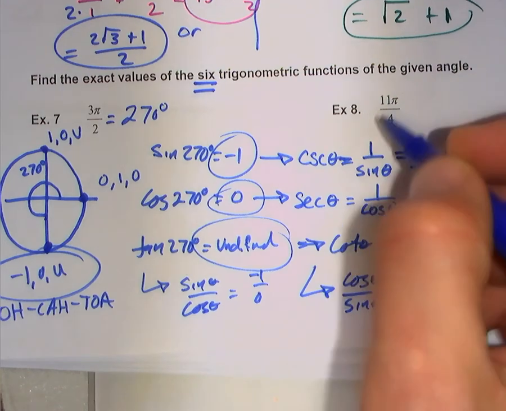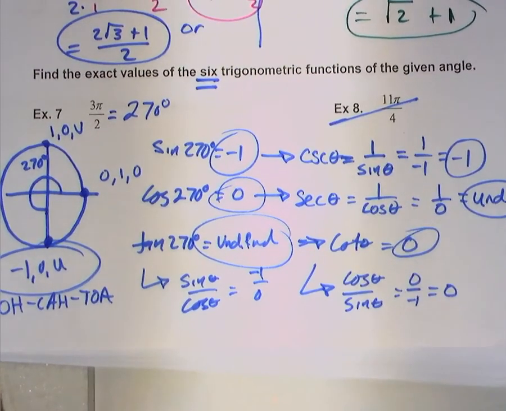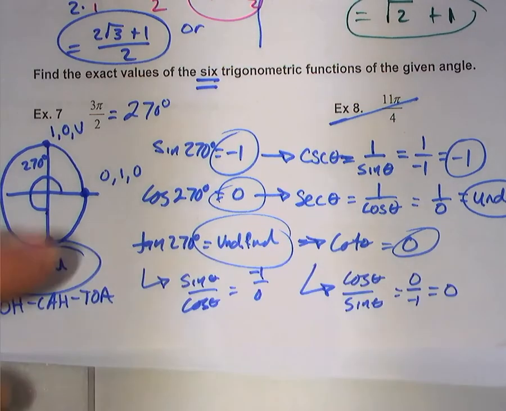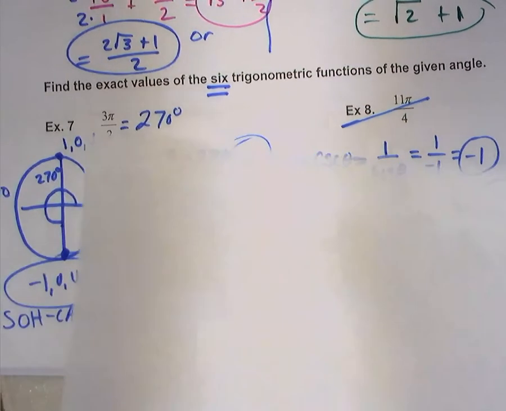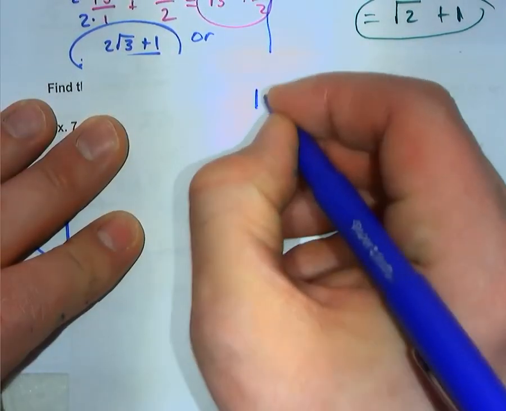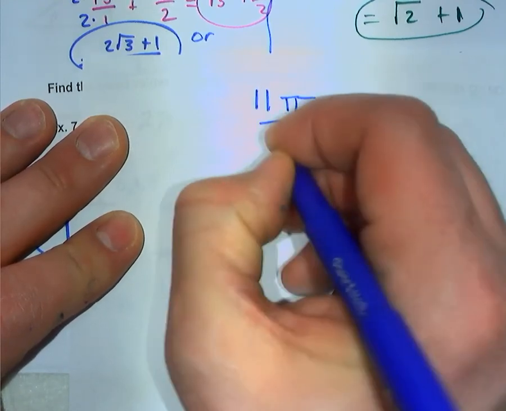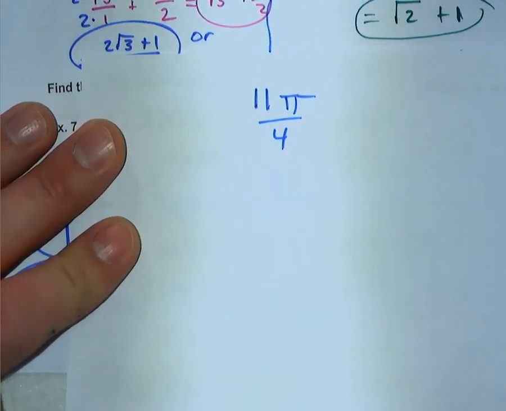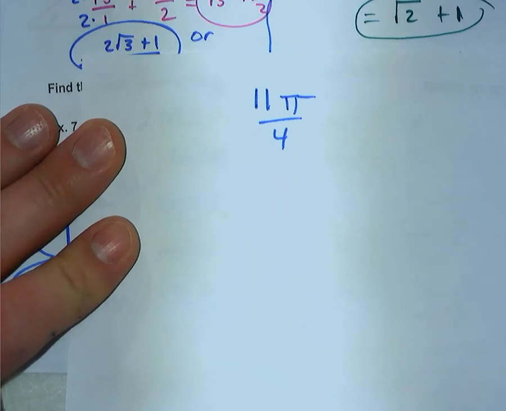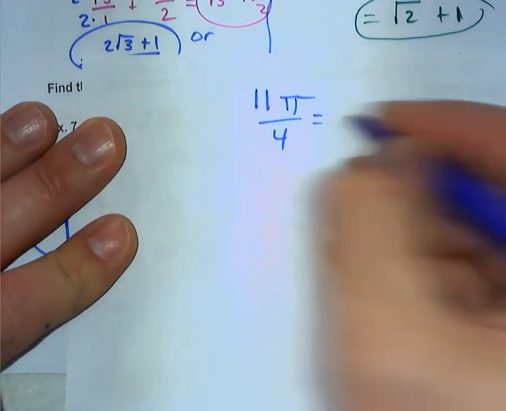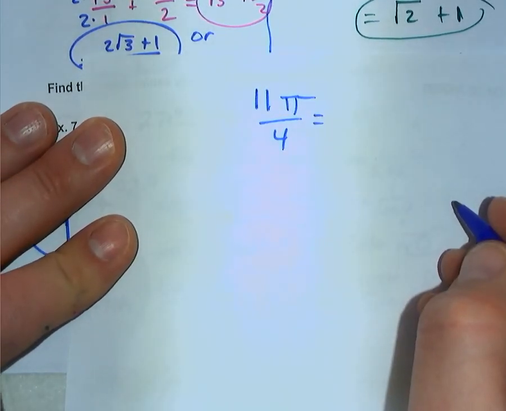Now, I usually skip example number 8, but I like to talk about it. Okay, so I'm not going to do example 8. I just want to talk about what you would do if I asked you to do 11 pi over 4, because this is something we talk about in the next section. First thing is convert this thing. 11 pi over 4 is how many degrees?